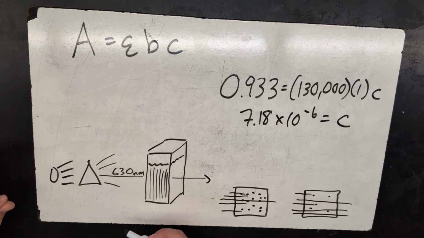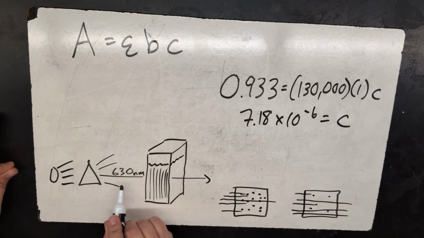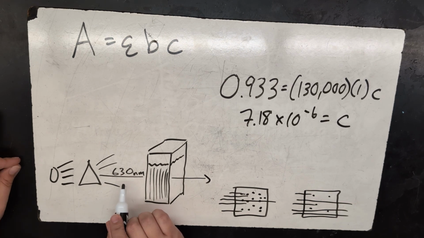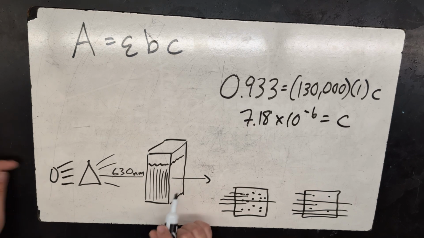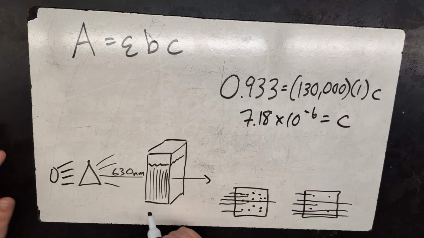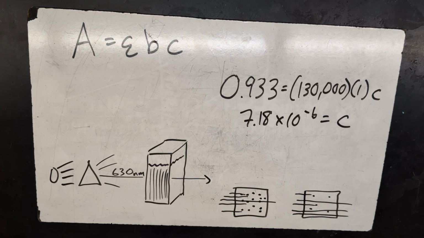In this lab, we're using a wavelength of 630 nanometers. We chose that because it's complementary to the blue color of the dye solution, because we want the light to be absorbed. The reason it looks blue is because it's reflecting back all of the blue light, and that's what our eyes pick up. So we want to use a complementary color.